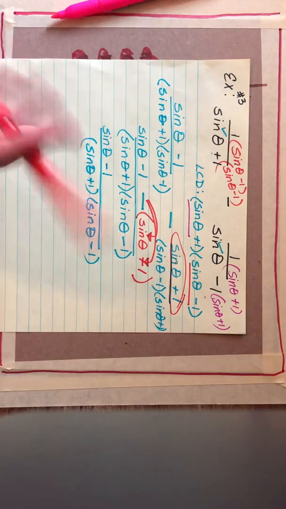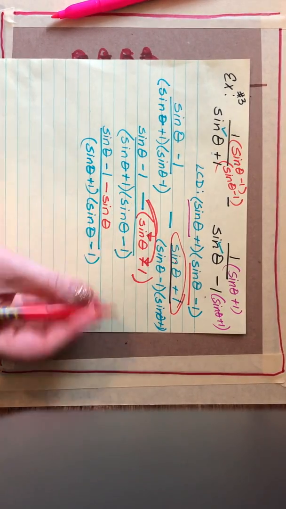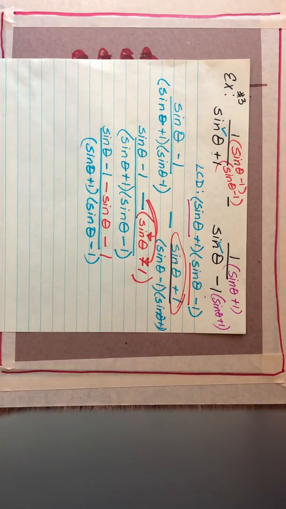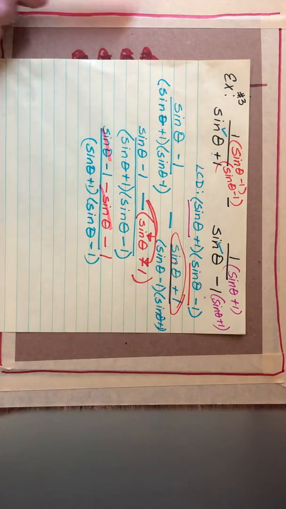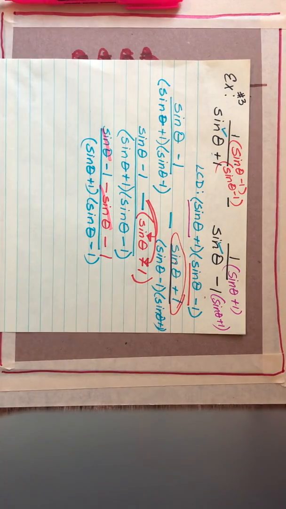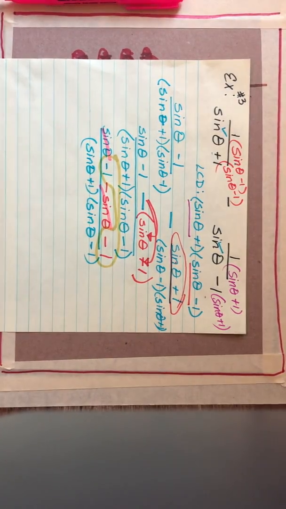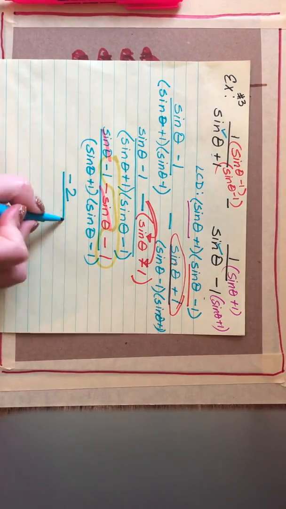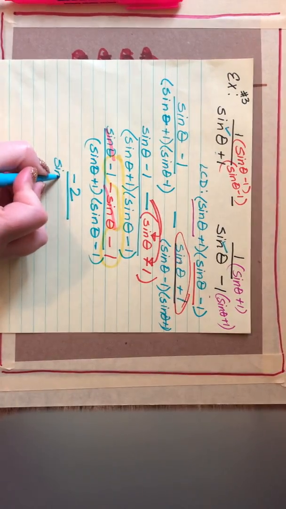And now we have minus sine theta, negative times 1, minus 1. Okay, let's see if anything can cancel. Just normal math. Sine theta, negative sine theta, they cancel. Okay, now let's combine the negative 1 minus 1. That does not make 0, you fools. That makes negative 2 over that LCD.